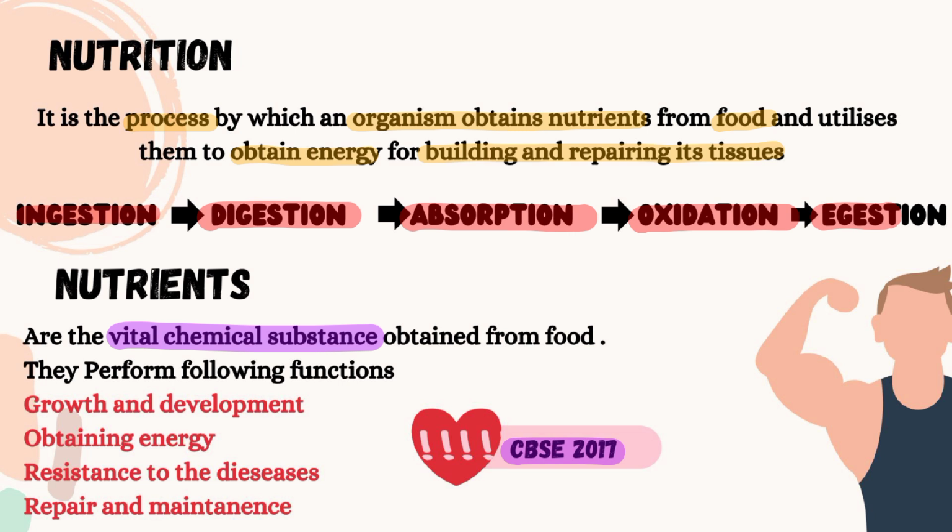It was asked in the previous year board exam. The functions of nutrients: the first is growth and development, the second is obtaining energy, the third is resistance to disease, and the fourth is repair. The energy that is obtained from food is used for growth, resistance to disease, and repair.